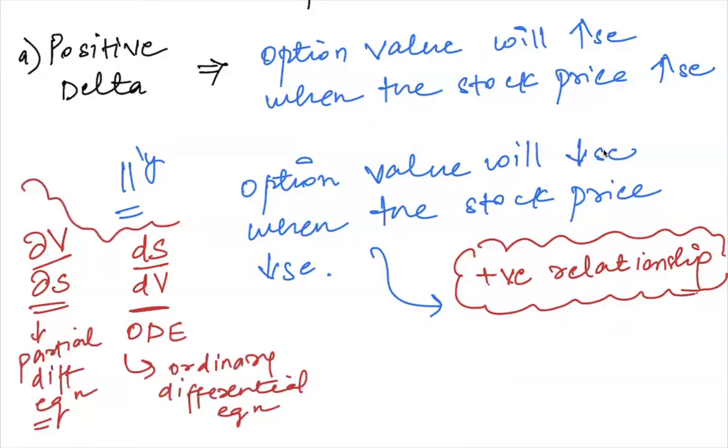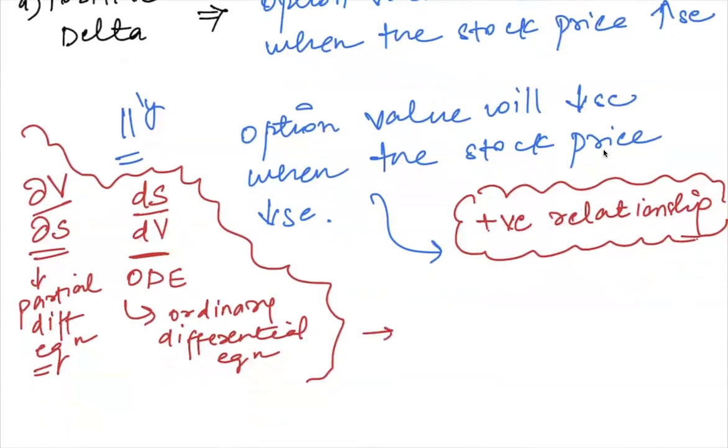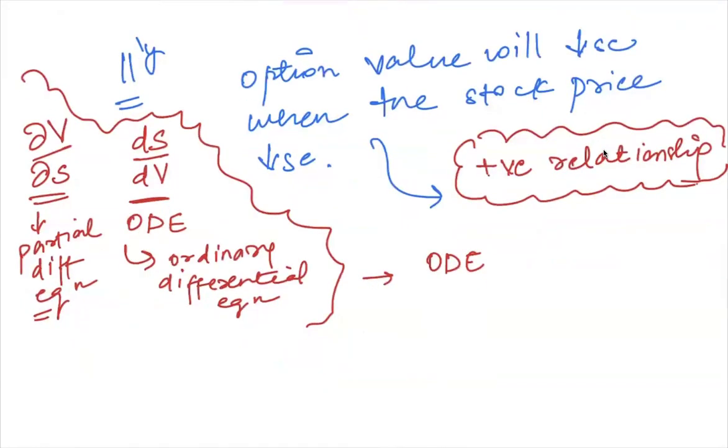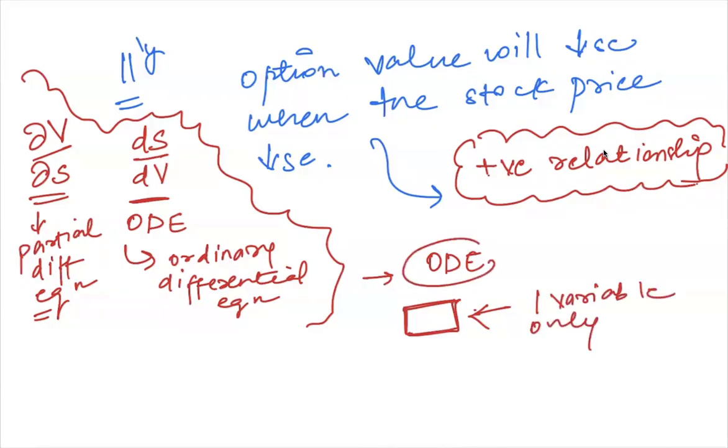So don't worry here, but just remember why we write dou V by dou S. Okay, let me cover that concept also. So what happens in ODE? Let's say the option price is affected by just one variable, then you will use the concept of ordinary differential equation.